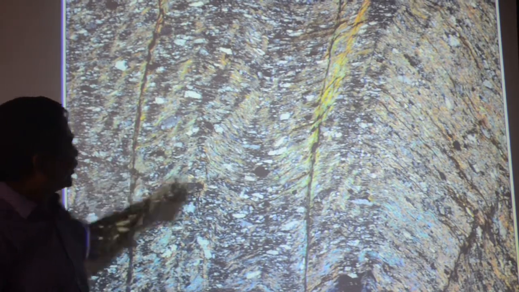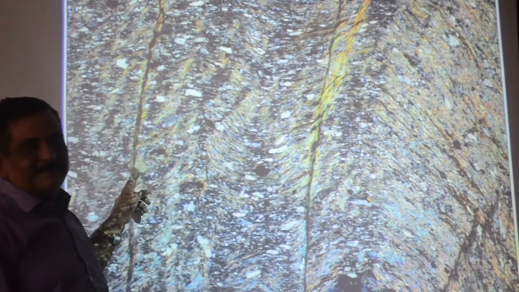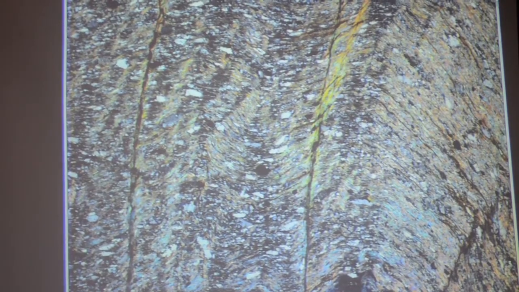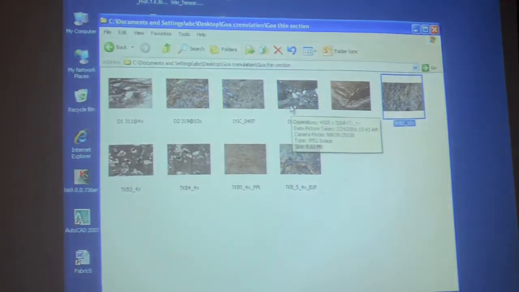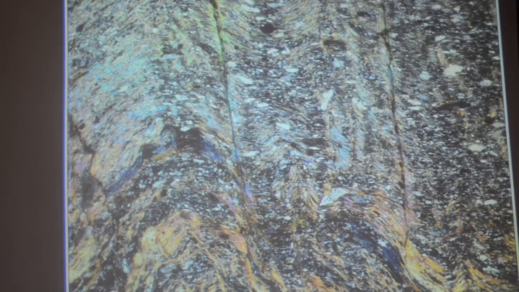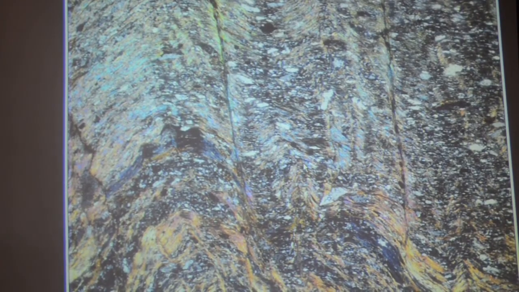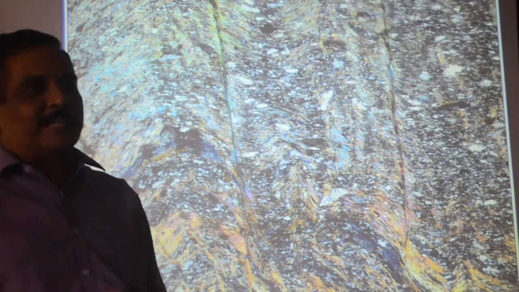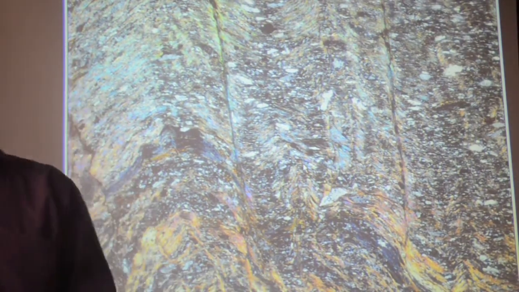Now can you see these fractures? You see these fractures? I'll show you a bigger or distant view. Can you see the fractures? So these fractures are associated with the granulation. What will you call these fractures?